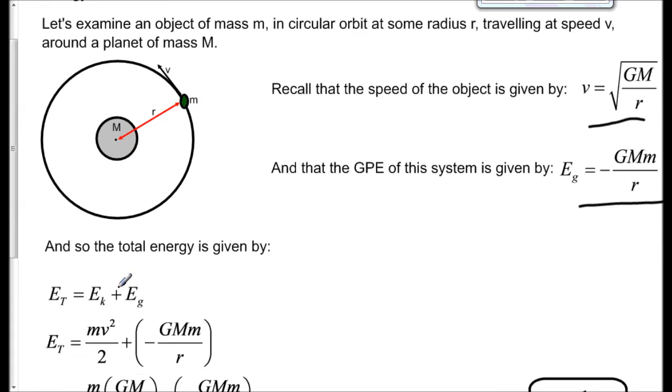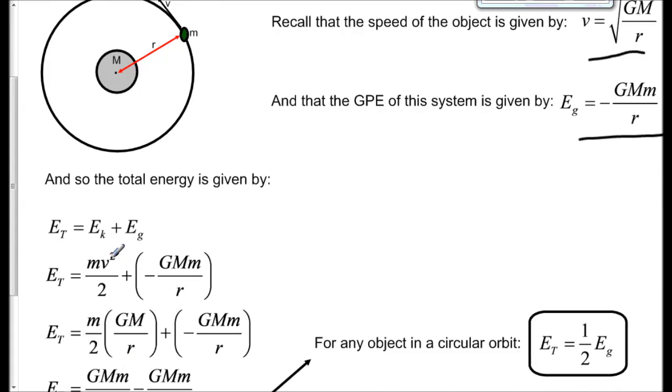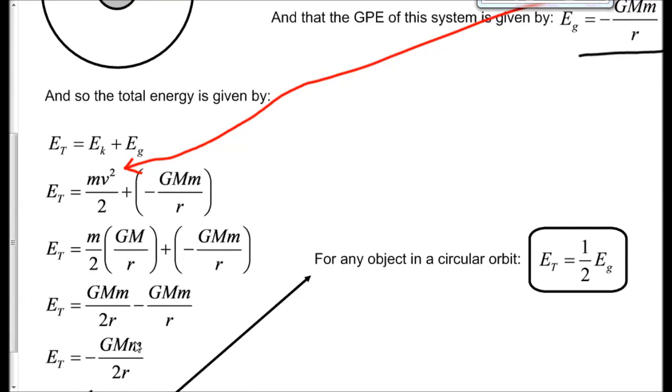If we sub in the values we know, this is our value for kinetic energy, this is the value for gravitational potential energy, and we sub in our value for speed from up here. We end up with a pretty cool expression after some algebra, and we come up with this expression here.